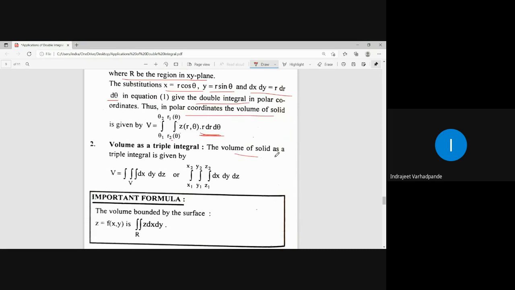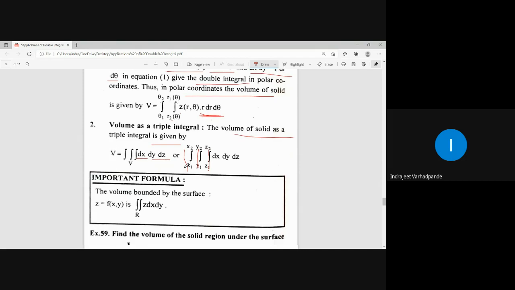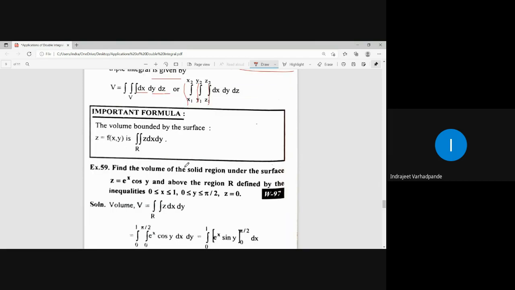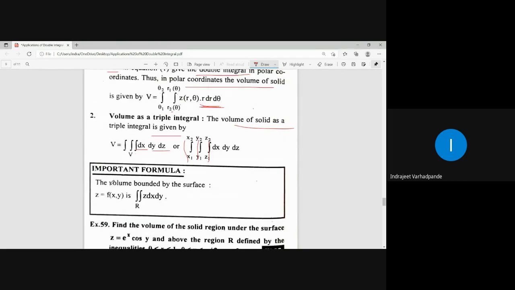Actually, the volume as a triple integral will be given by triple integral over V dx dy dz. So in that case, one coordinate will be for z, another coordinate will be for y, and the other coordinate will be for x. So the important formula for our point of interest is the volume bounded by the surface.